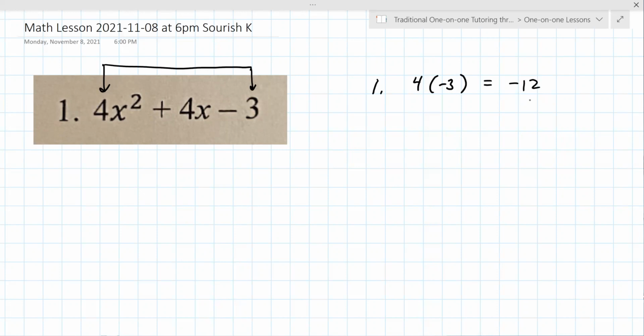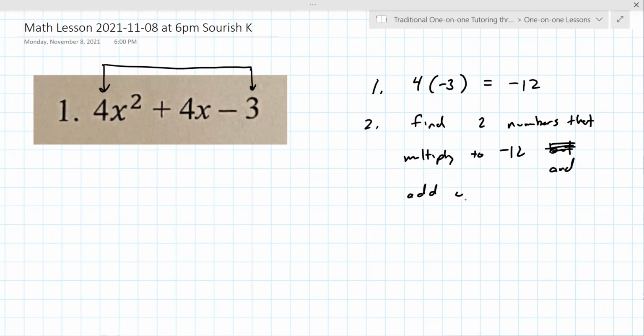Now, the second thing here is the goal. You're trying to find 2 numbers that multiply to -12, that number right there, and add up to the middle number here. So the middle number is 4.